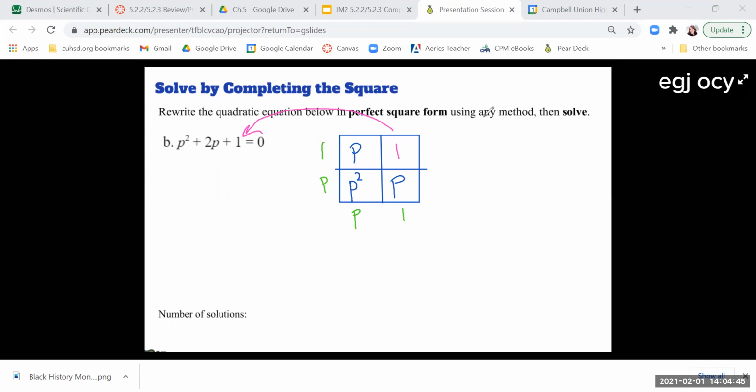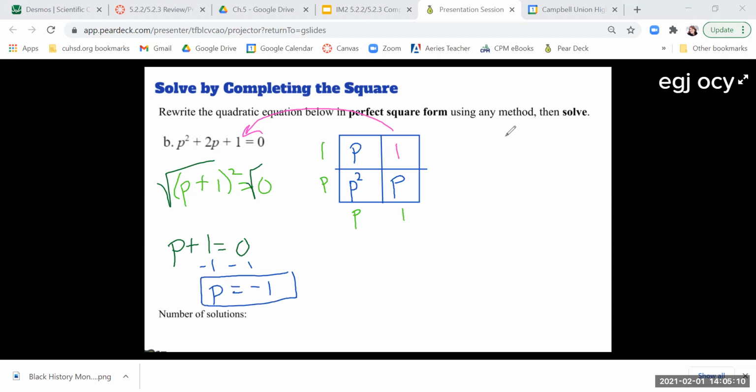That was nice. So now I'm just going to go ahead and write this as p plus 1 squared equals 0. And I'm ready to solve. So I'm going to go ahead and square root both sides. p plus 1 equals plus or minus 0, which is just 0. Subtract 1 on both sides, and it looks like p equals -1.